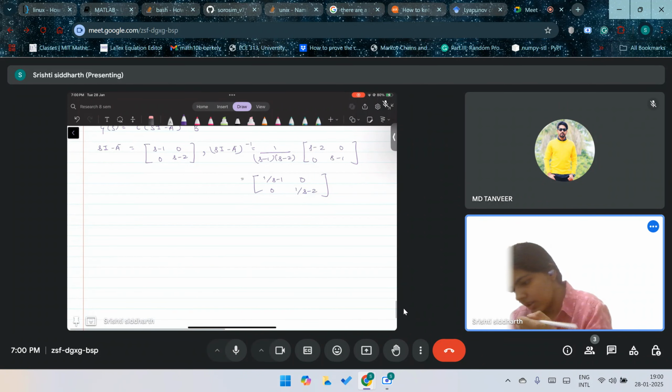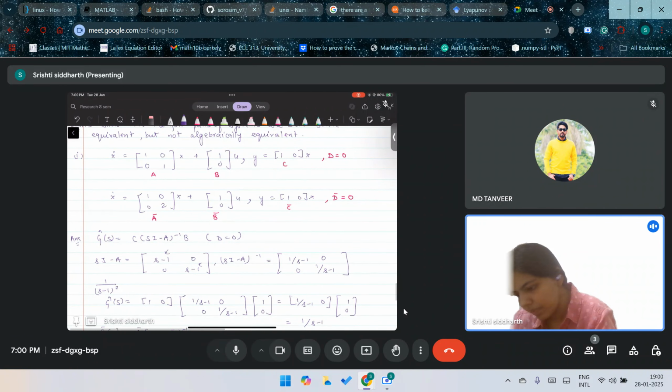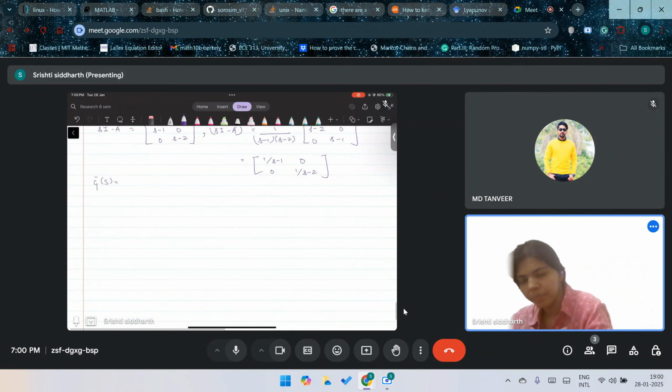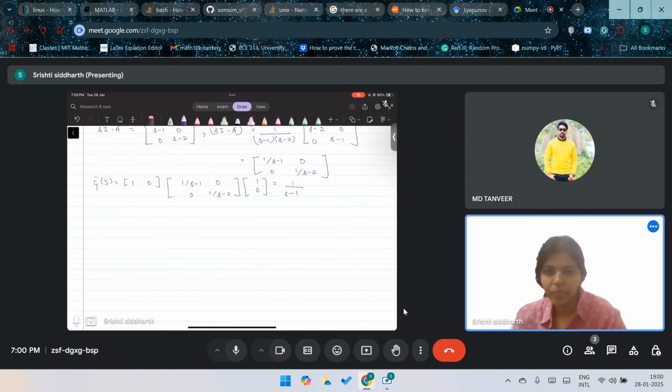Okay. Now let's compute the transfer function again. C is still the same and B as well. So 1, 0, times 1 over s minus 1, 0, which is simply 1 over s minus 1.